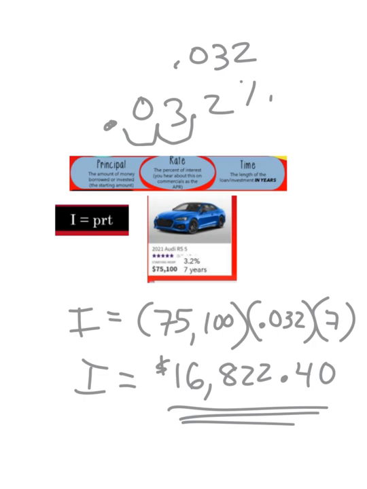In order to figure out your total price, you can add those up to get 91,922.40. And remember, the interest will be added upon the sales price or your initial investment if you're an investor.